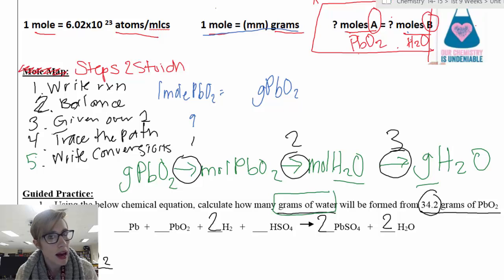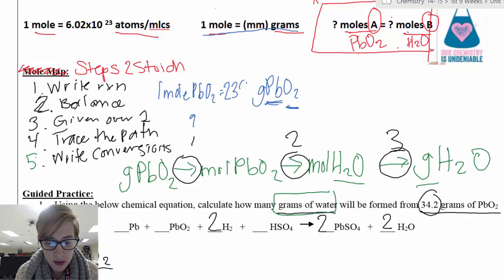To find molar mass, remember you have to find the number on the periodic table for each element and then add them up. So we would find the number for lead, Pb, and add it to the number for oxygen, but you would need 2 oxygens because there's a 2 there. I'll go ahead and give you the answer: 239.2 grams. That's the molar mass of PbO2. So I got my first conversion factor.